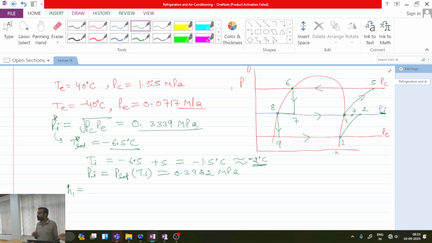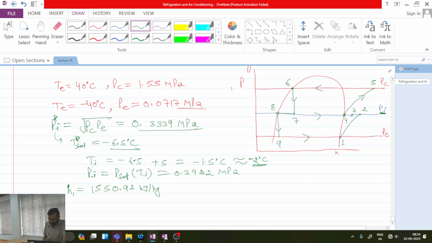So I am not writing my values. Please tell me what your value is. H1 is 1550 kilojoule per kg. Okay, so this is H1. I have some other value, it is 1387. Of course, it will not be exactly correct.